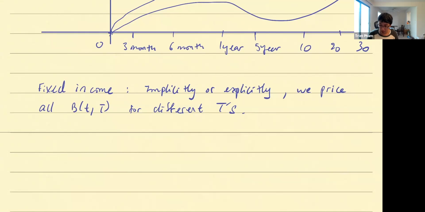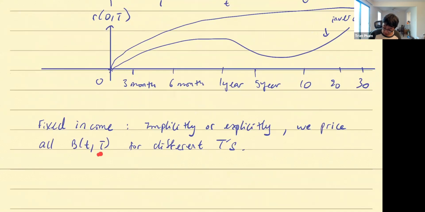Okay, so I will tell you the Vasicek model and CIR model very quickly. But even before that, let me say one more thing. It's kind of curious, too. Why does the dependence on big T become such a big deal in fixed income, while the dependence on big T is not a big deal in option pricing?